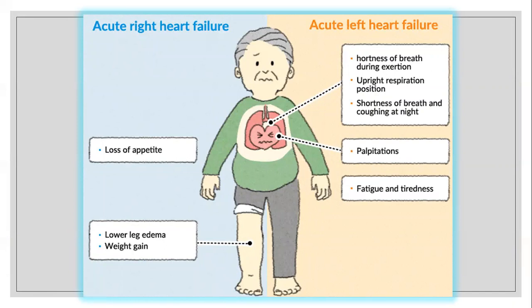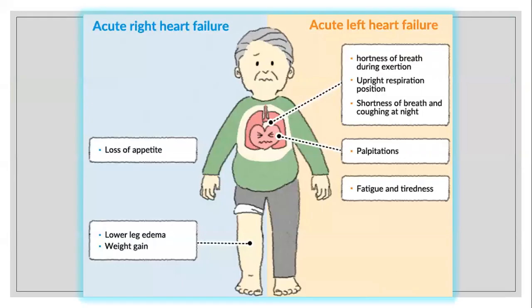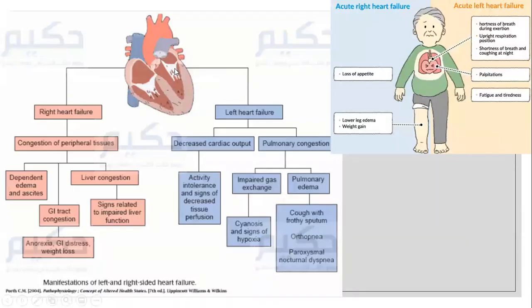It is a progressive heart disease that affects the pumping action of the heart muscle, and this causes fatigue and shortness of breath. As I told you, sometimes we say left side heart failure, sometimes right side heart failure, right? This is the right side: right atrium, right ventricle. Left side: left atrium, left ventricle.